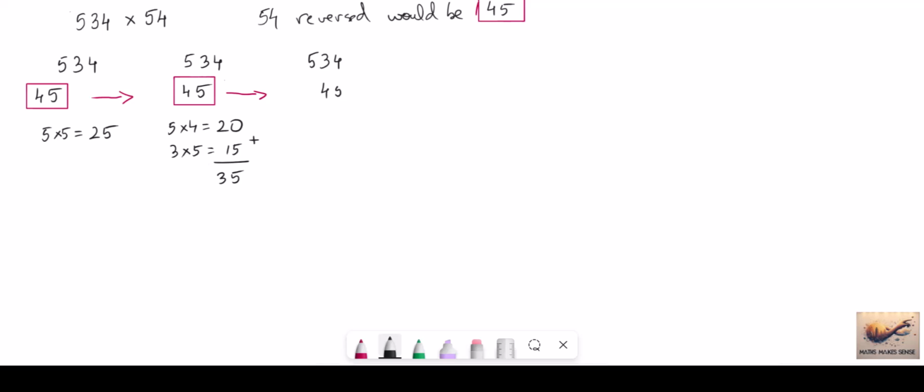It's right here. 3 times 4 is 12. And 4 times 5 is 20. If I add them up, 32. And finally, the last position would be 45 is just right here.